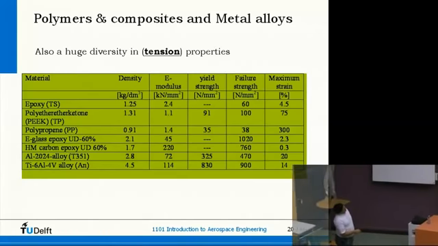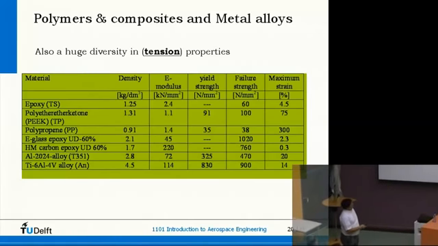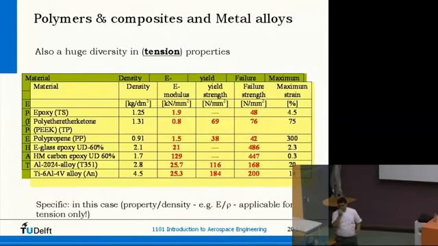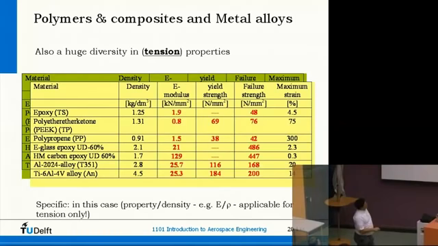Well, if you compare it, you can already see that glass is very strong, carbon is a little bit less strong, but that changes when we go to the specific properties again, as you can see here. And then you see that these composites can have very high specific values, both in stiffness and in strength.